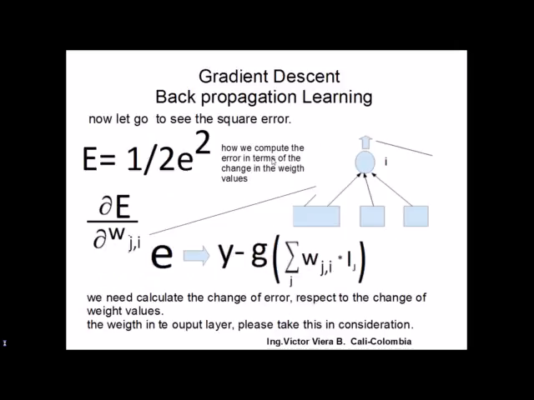Now we have to know the squared error. The squared error is equal to half times the squared error. Now we compute the error in terms of the change in the weight value. In this case, we have the change in error by the change in the weight, in this case w_ji.